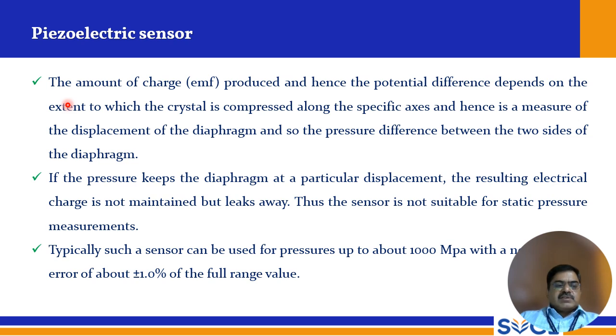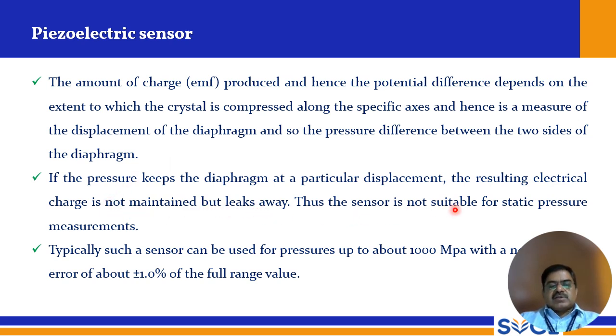In the piezoelectric sensor, the amount of charge produced, and hence the potential difference, depends on the extent to which the crystal is compressed along the specific axis, and hence is a measure of the displacement of the diaphragm, and so of the pressure difference between the two sides of the diaphragm. If the pressure keeps the diaphragm at a particular displacement, the resulting electrical charge is not maintained but leaks away.